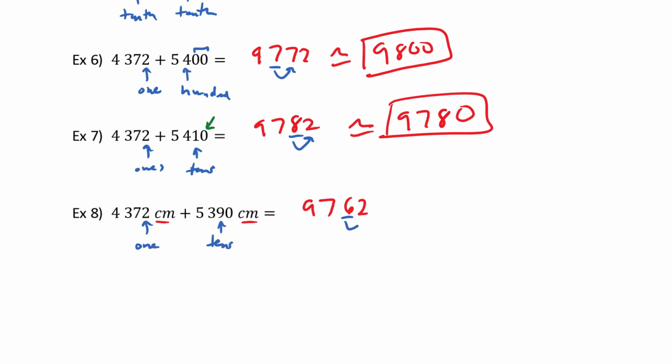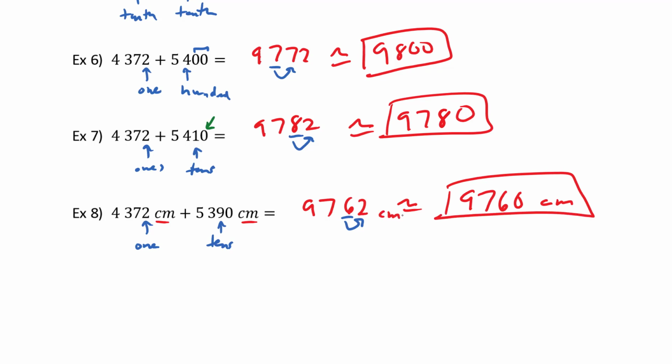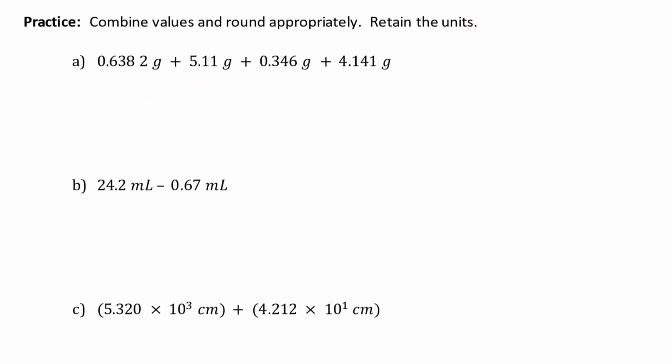So we have to round off to the nearest tens. 9760. Don't forget units, centimeters. Should probably put that in here. So once again, if there are units, please include them in your calculation. I only did addition here, subtraction, the rules are exactly the same. So why don't you give these a try right now.